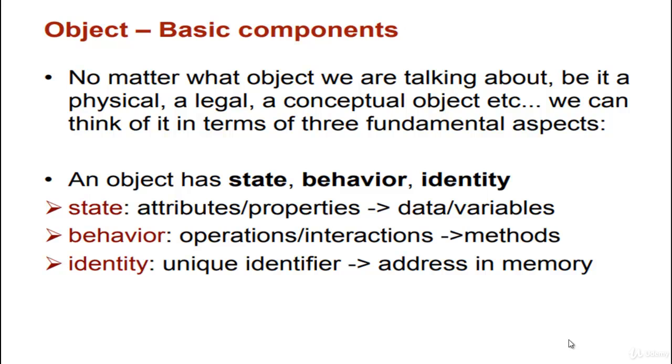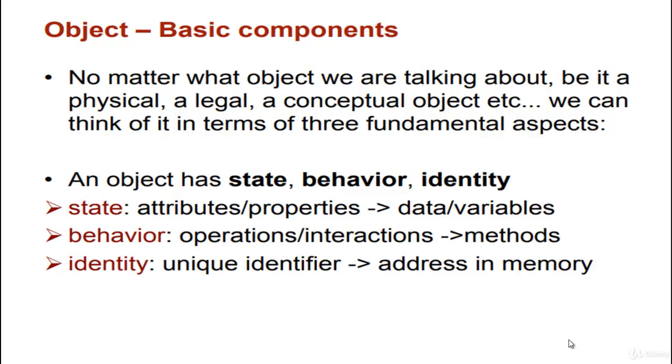An object has state, behavior, and identity. So it's really important. The object has state, behavior, and identity. State can be considered as attributes, properties, such as data and variables. Behavior, operations and interactions.